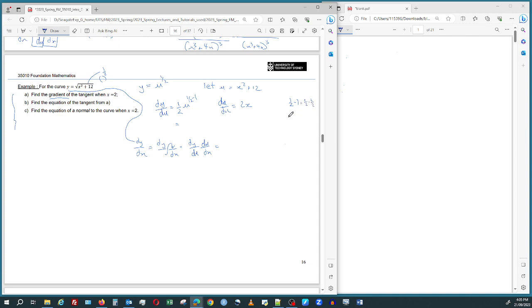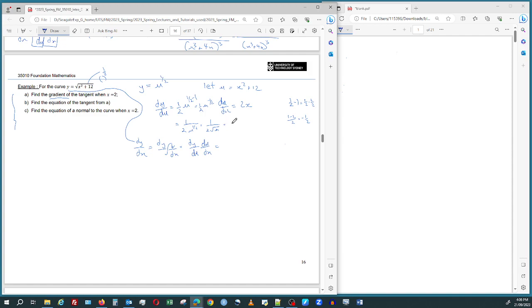But you know me, I'm constantly encouraging you to get that right. So that'll be 1 half u to the negative half, which is now going to be taken underneath as 1 over u to the half, and the final step is 1 through to u.